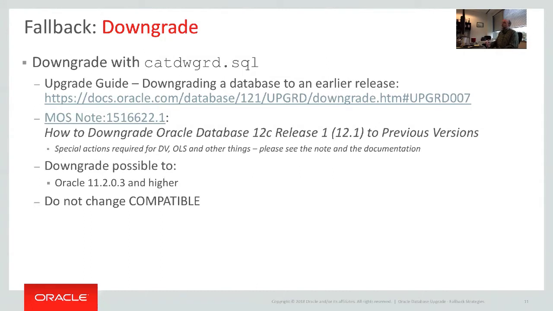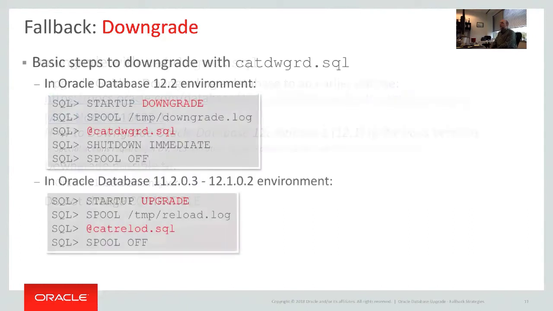You can downgrade as long as you have not changed compatible. So that is, again, the restriction, and that's why we talked about the compatible setting earlier in this presentation. The way downgrade works, just at a high level, is that if you have a database that you want to downgrade, so you've upgraded to 12.2, now you want to go back to 11.2.0.4, you shut down the database and start it up in downgrade mode.